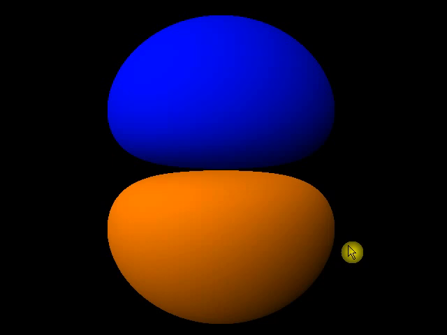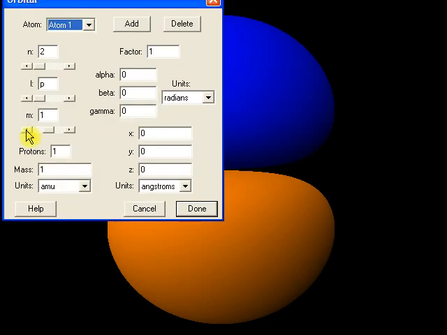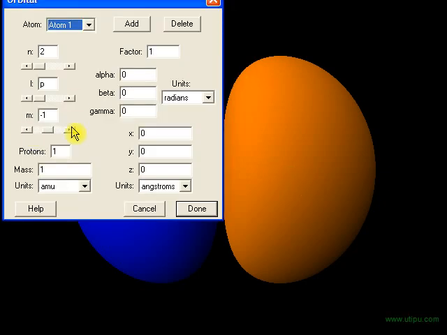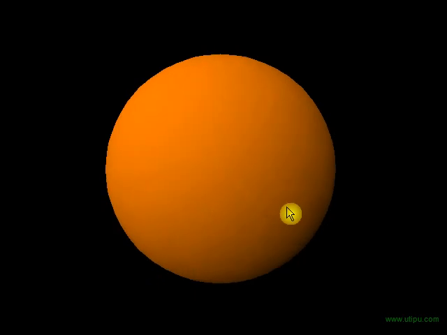So this one right here would probably be the one that you'd want to call py, because it's going up and down along the y-axis here, versus our other guy over here, which would be the px, because it goes along the x-axis. And then our third suborbital for the p would be the pz, because it sort of comes out of the board at you, out of the screen at you, and that's the third one of the p suborbitals.